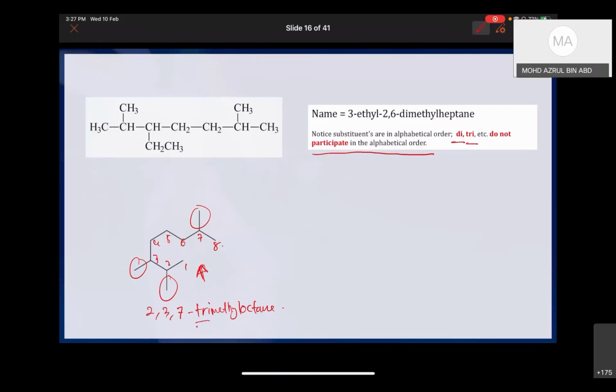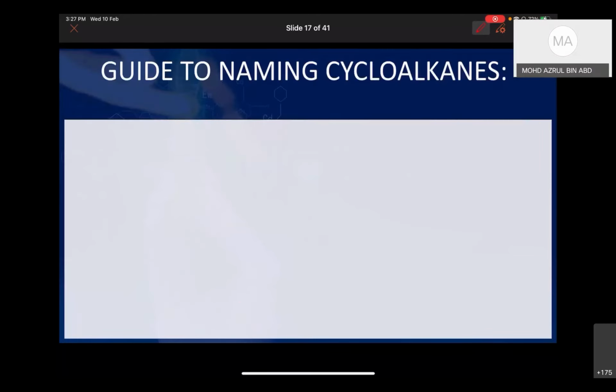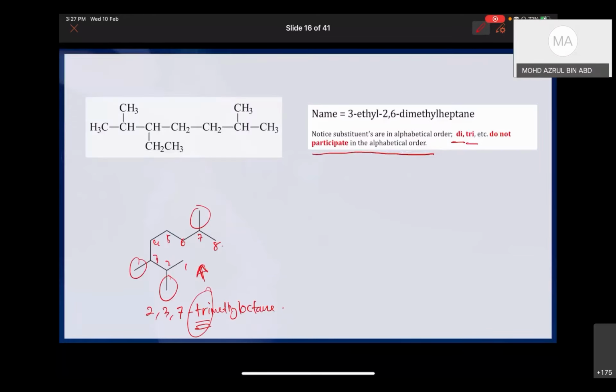So you need to add the prefix name tri. You forgot about this one. So take note. Alright, that's how to name the alkane. Is it okay for the alkane compound? Everyone, is it okay? Okay.